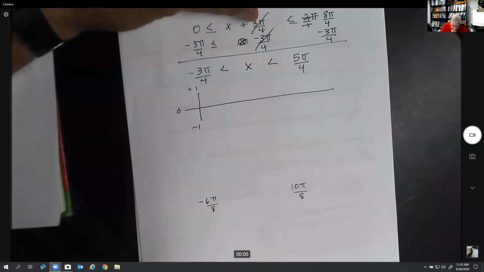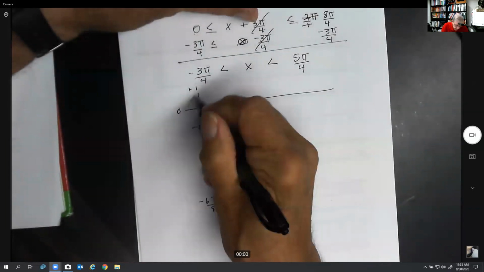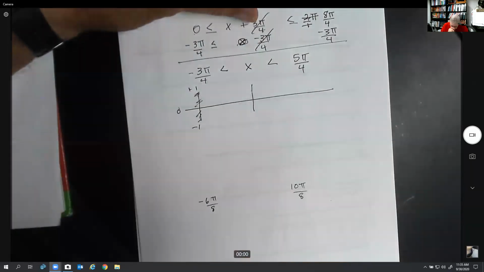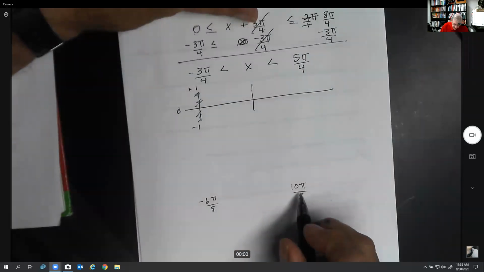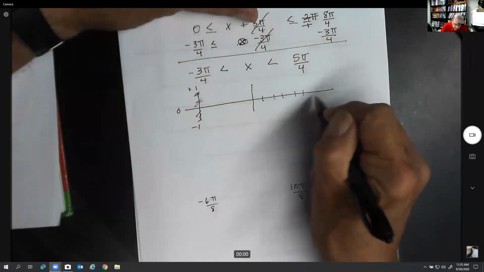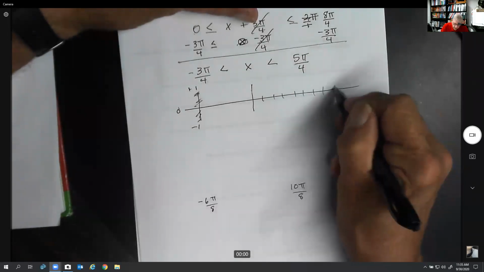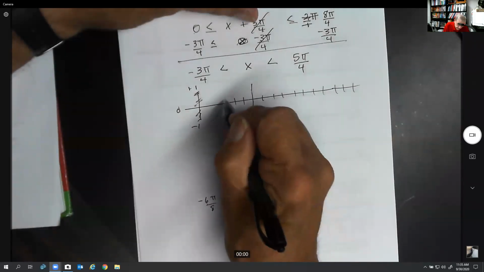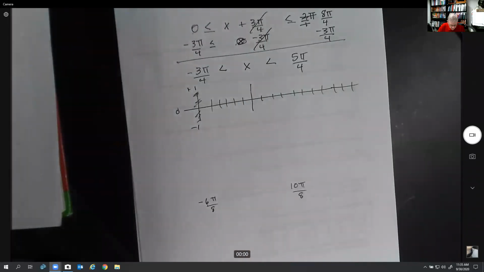I should maybe not have put this in yet. Let's move it over here. I need 10 units in this direction and 6 units here, so I'm going to spread this graph out.